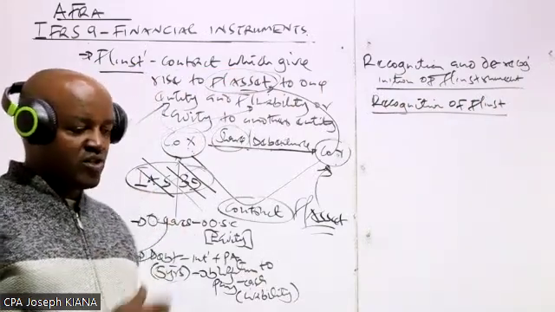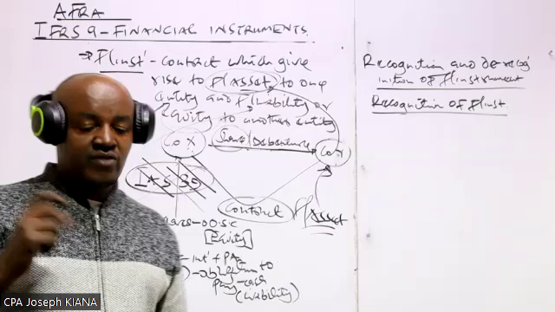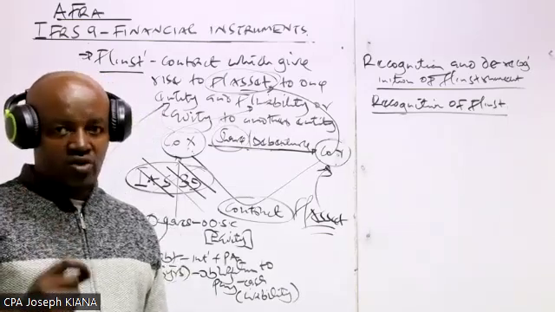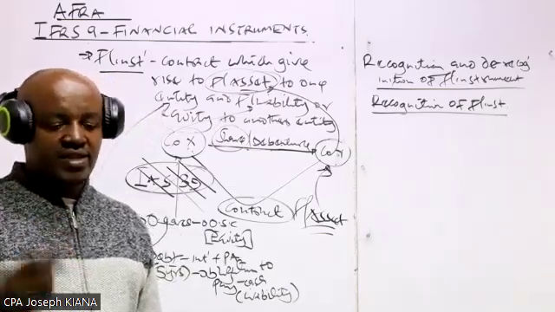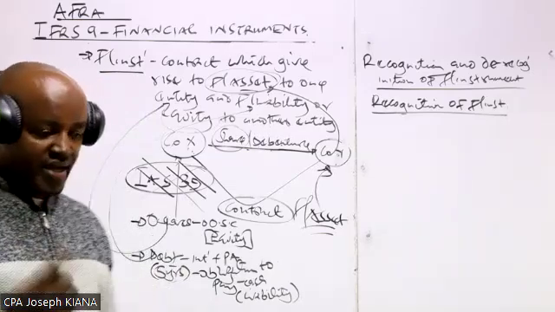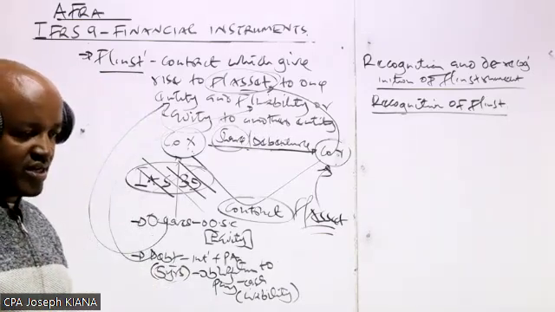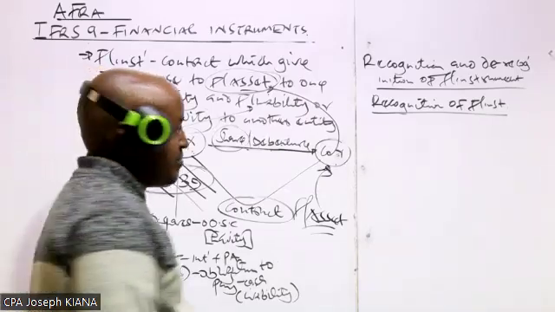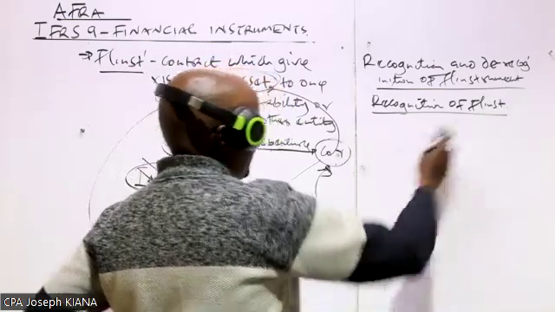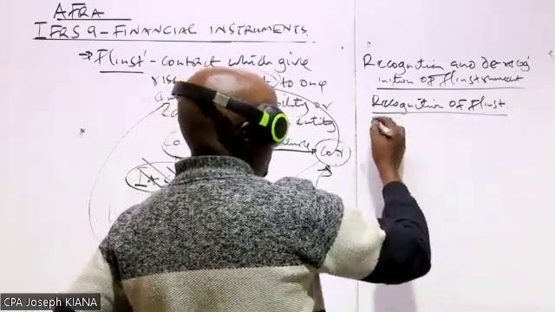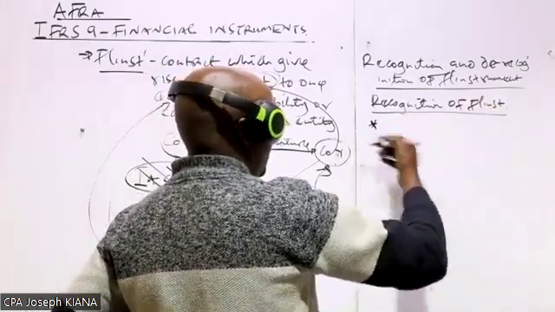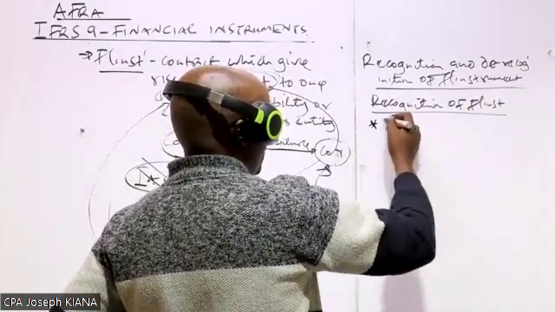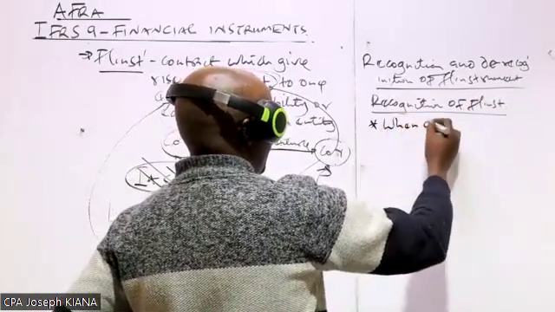So therefore, recognition of financial instruments is the process through which an entity should recognize financial instruments in its financial statements and also the books of accounts.